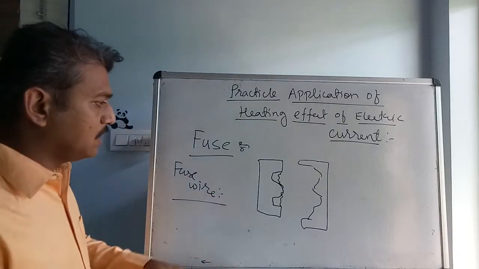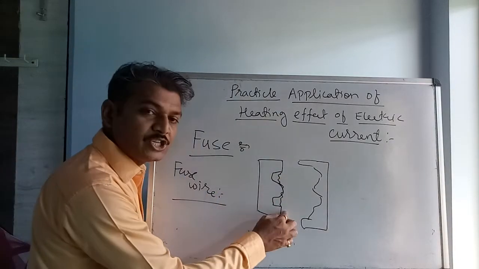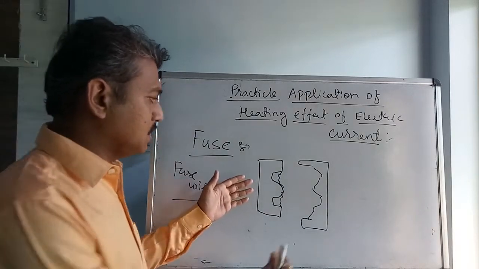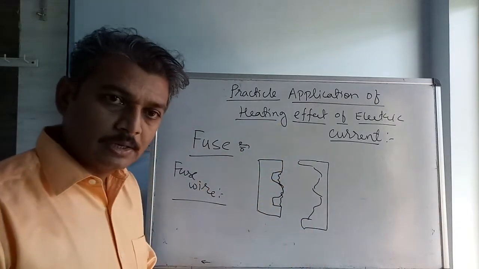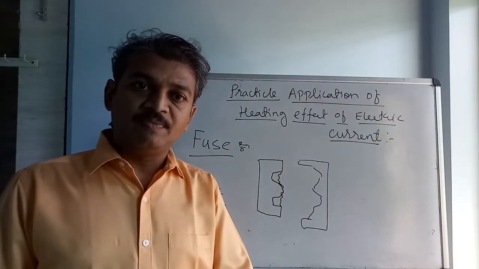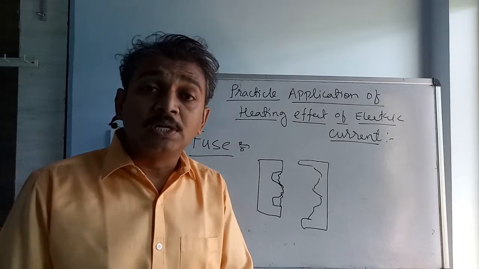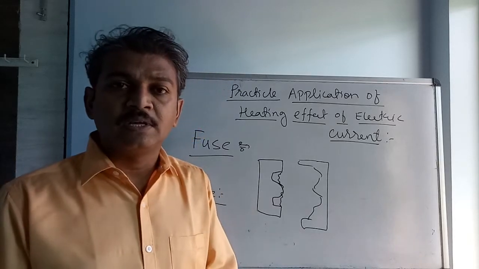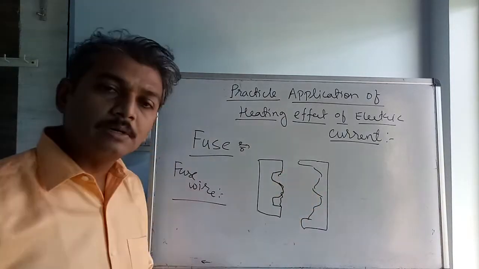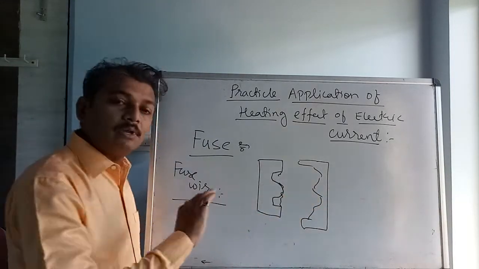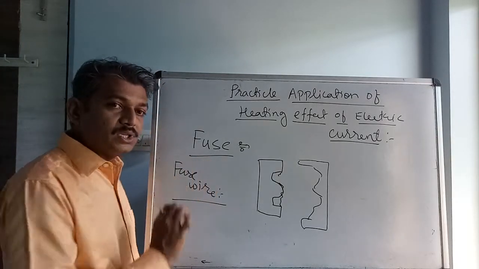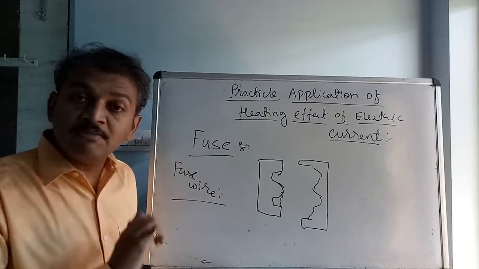This fuse wire is joined in series connection in this fuse, so that when this was attached across the circuit, and if there is a sudden increase in current, the temperature rises, and due to that rise in temperature, this fuse wire will melt, so the circuit will break. So we can say that this fuse is used as a safety device in the circuit.